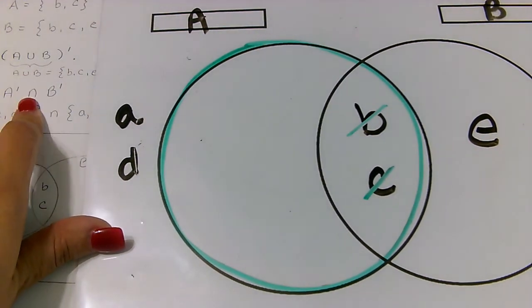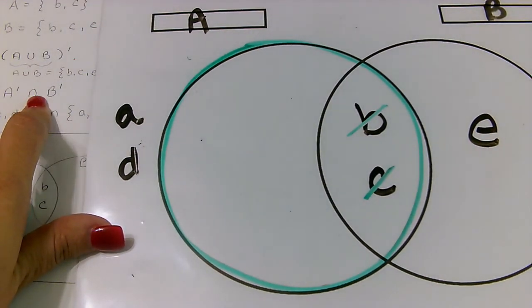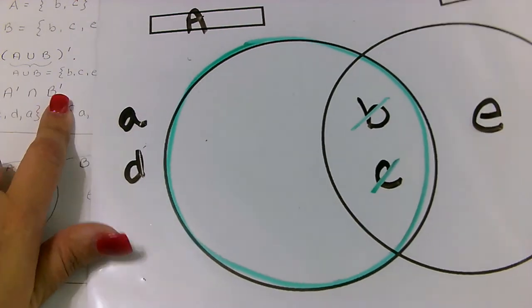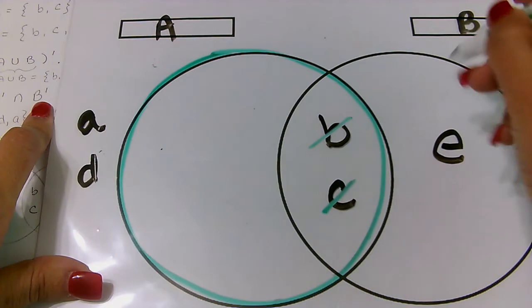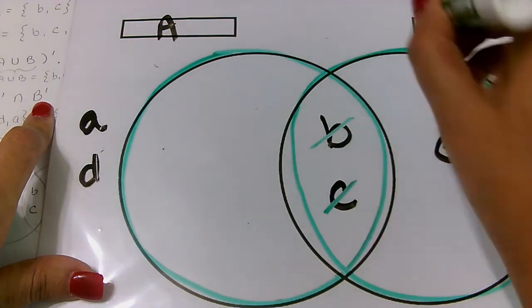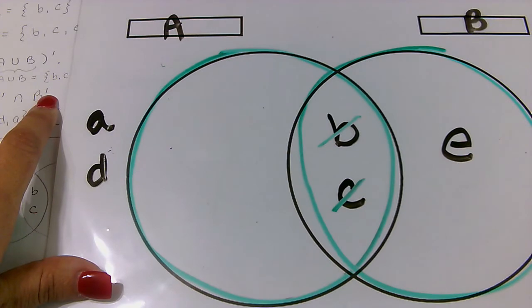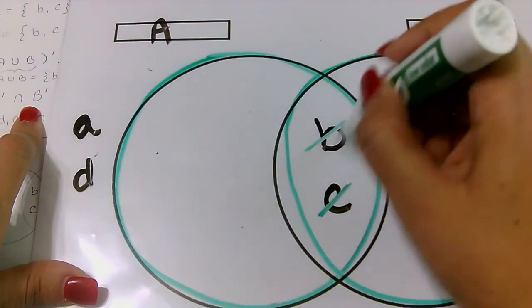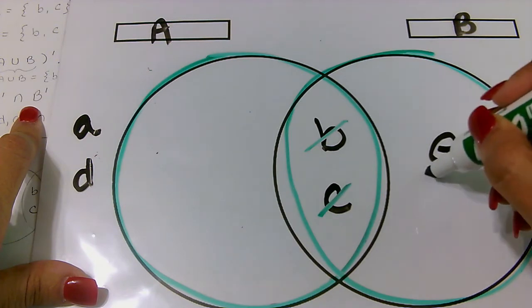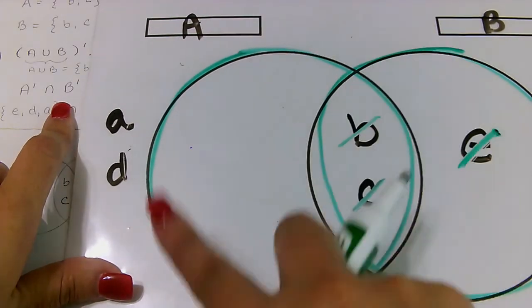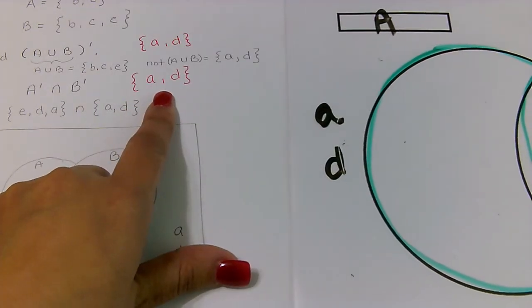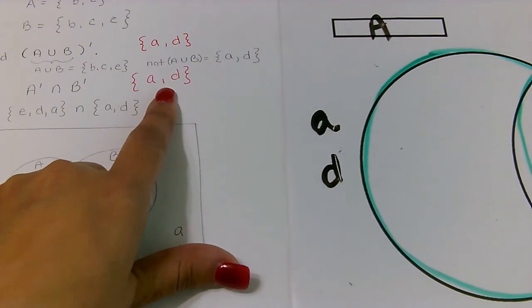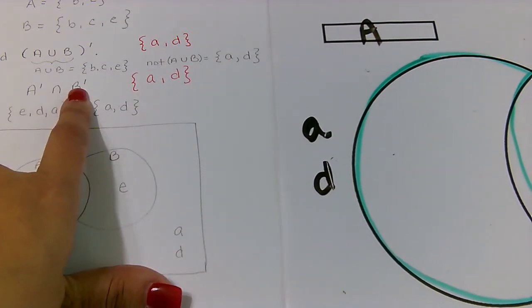When it says the word and, that means we are looking for the criteria that meets both of these. So let's circle everything in B. Now it's saying, well, not B. So everything in B, not. Well, these two are already scratched. They'll stay scratched, and so will this one now. Now when I'm looking at all of this, the only things that are left are A and D, which is what I have here. These are the only two elements that are not A and not B.